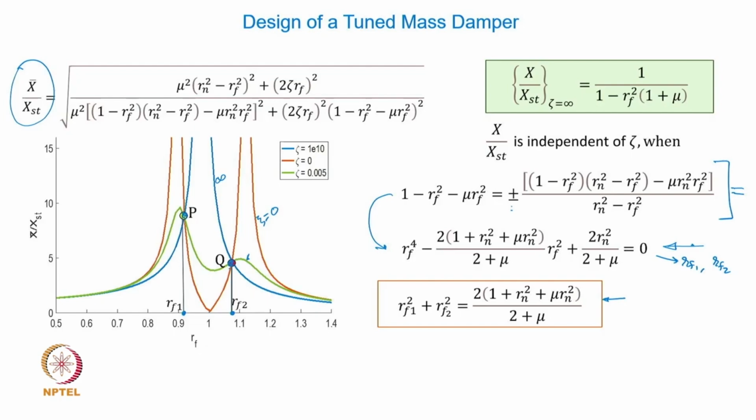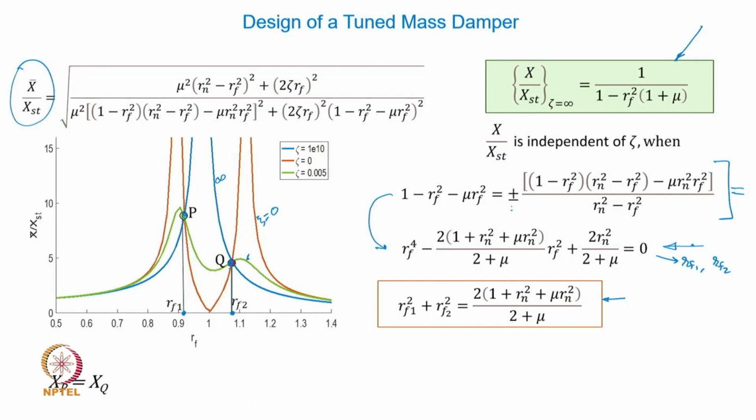Well, after this, our job is to set xp equal to xq, right? What is the expression for the response at p and q? Can I use this expression? Because this expression is for zeta equal to infinity.